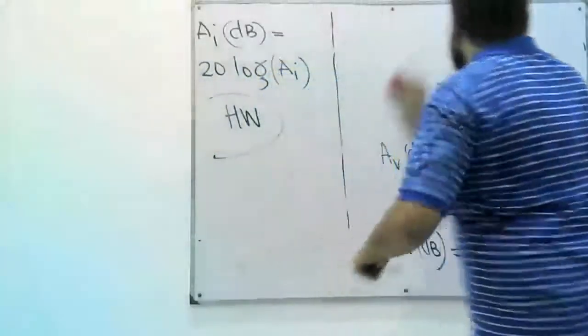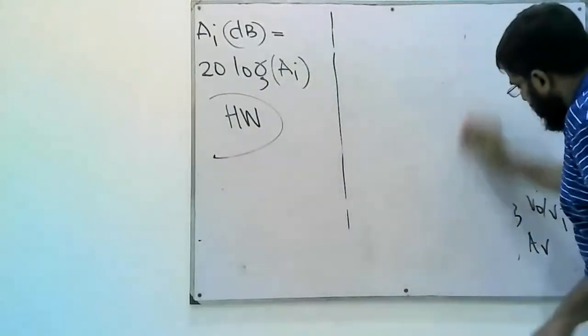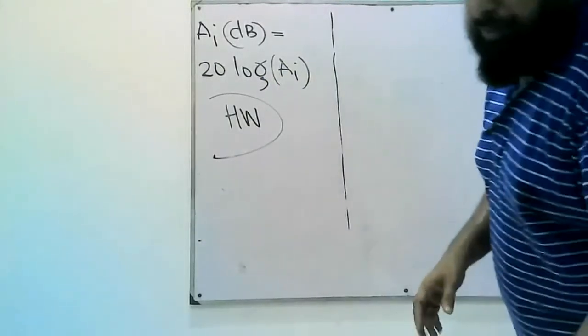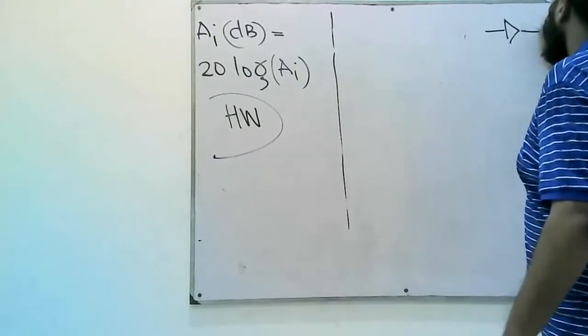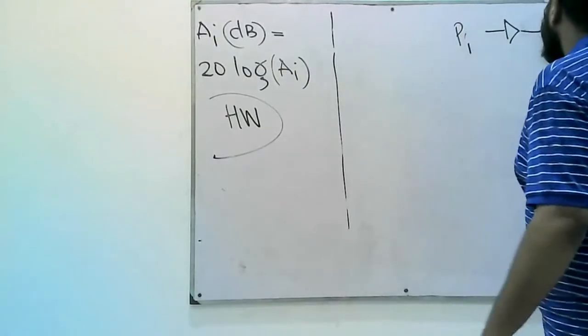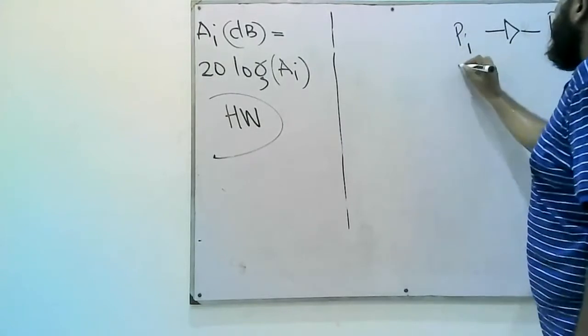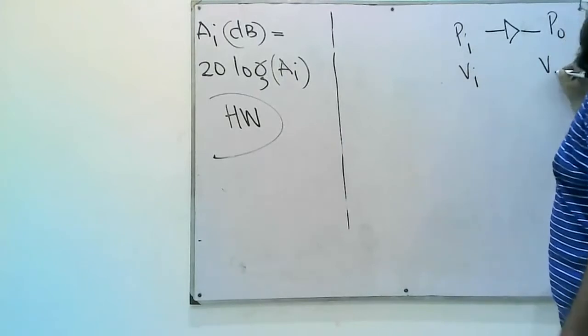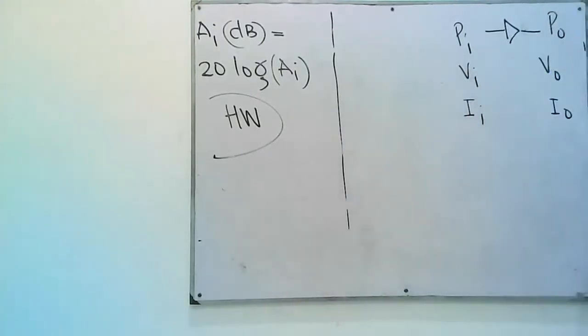A 0 dB reference is a point at which we have the output having power or voltage or current exactly equal to the input. Input power is the same as the output power, output voltage is the same as the input voltage, and output current is the same as input current.